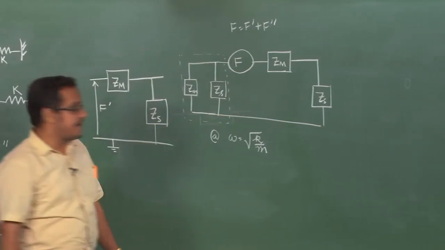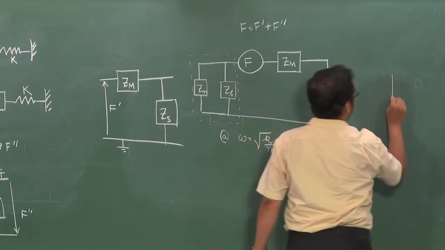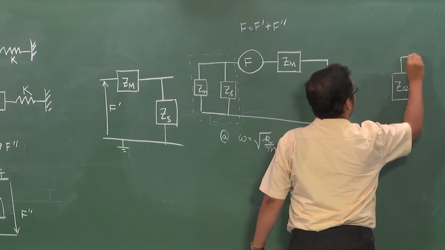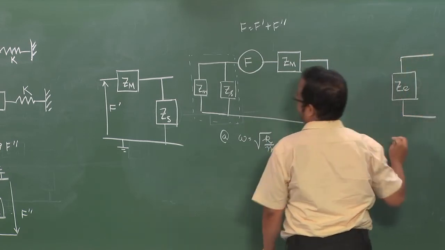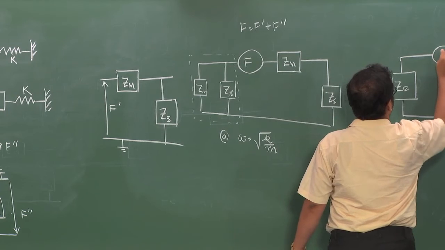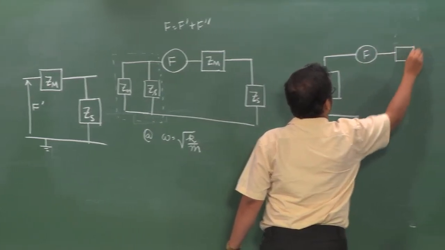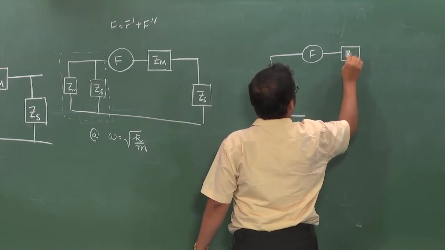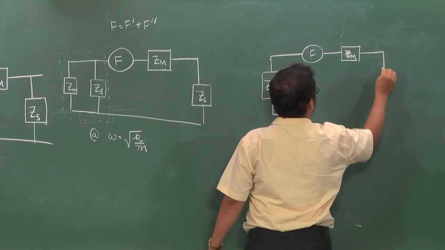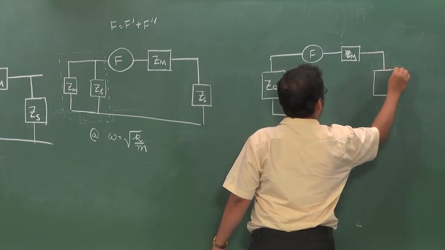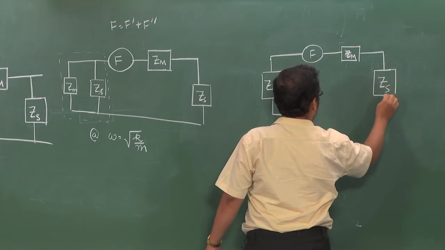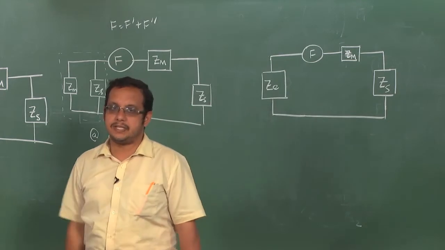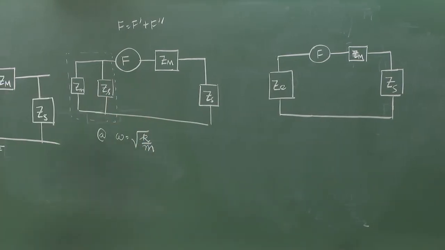We would like to find an equivalent impedance ZE, which is due to the secondary mass and the secondary spring. All other aspects of this circuit remain just the same.